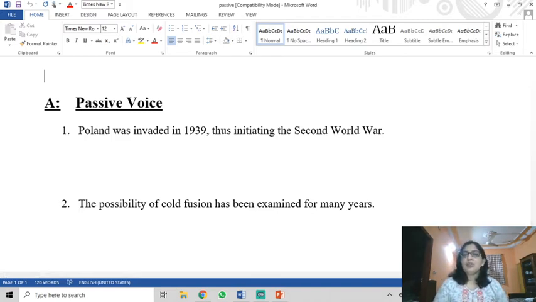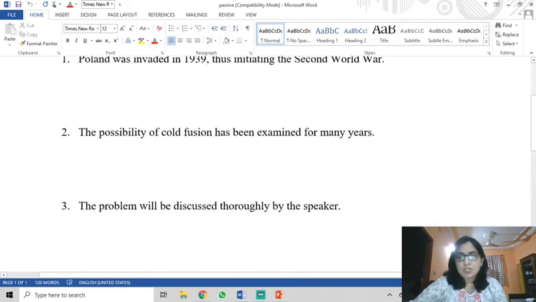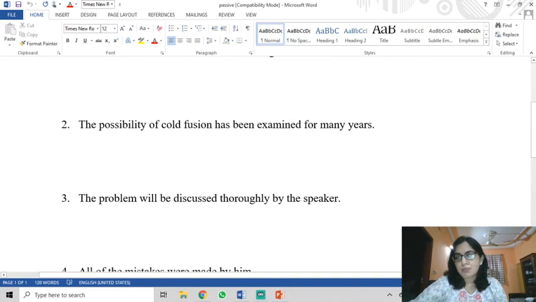Now, if I ask you to change this sentence into active voice, how would you write it? The Second World War was initiated by, some information is missing. So you have to write, the Second World War was initiated by Germany in 1939, during which Poland was invaded. Similarly, the possibility of cold fusion has been examined for many years.